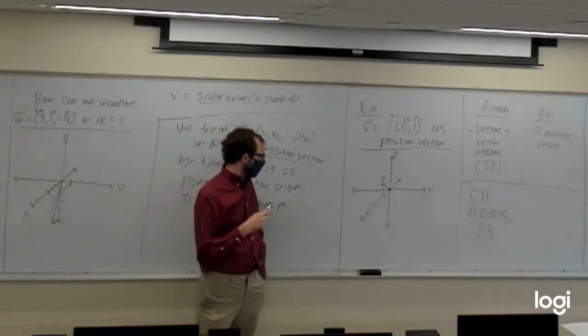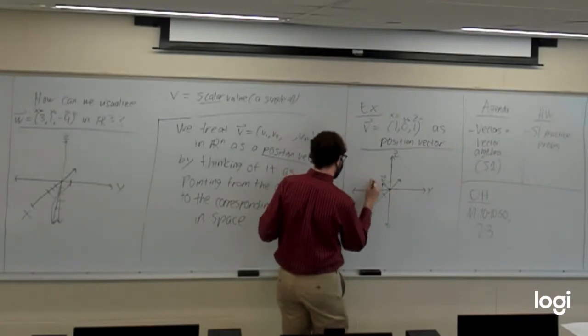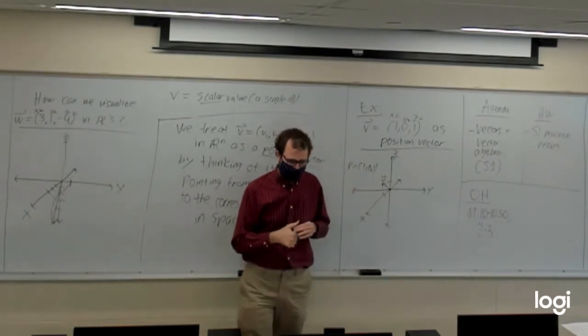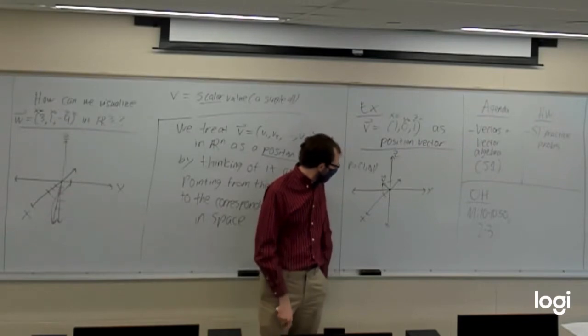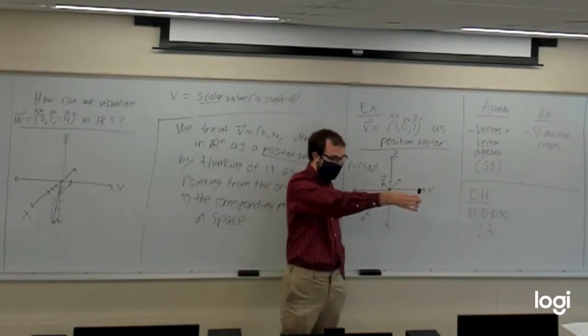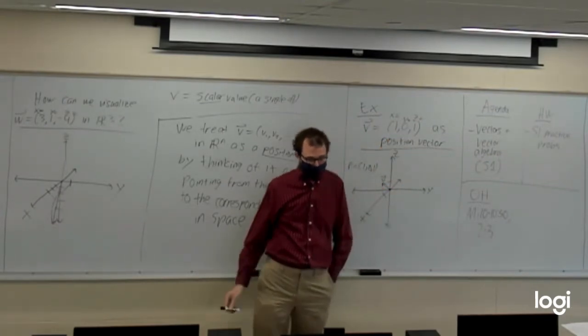It's going to start at the origin, and it's going to end up at the point P which is equal to the point 1, 0, 1. It comes out at you 1 unit, goes up 1 unit, but doesn't go to the left or to the right from the origin at all.